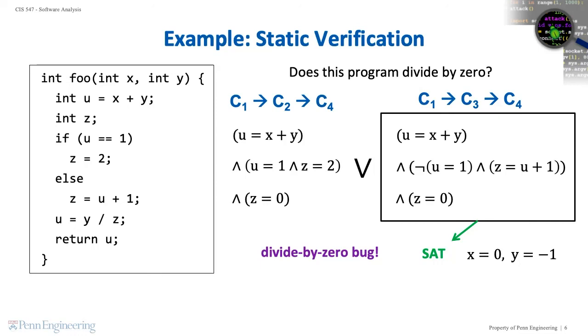As an exercise, think how this program can be fixed and convince yourself that the SMT formula generated from the resulting program is indeed unsatisfiable. More generally, this approach can be used to check arbitrary assertions and for programs with richer constructs such as loops and procedures.